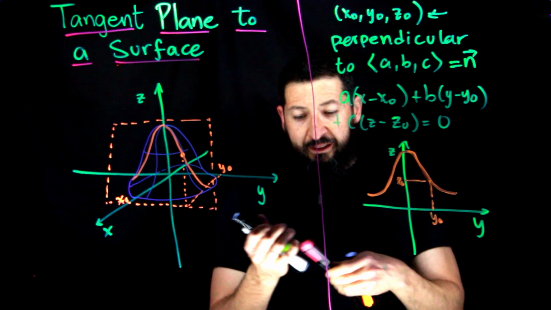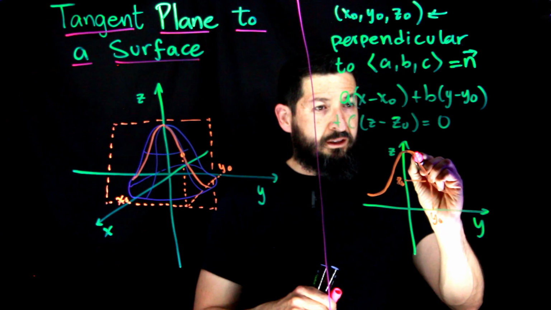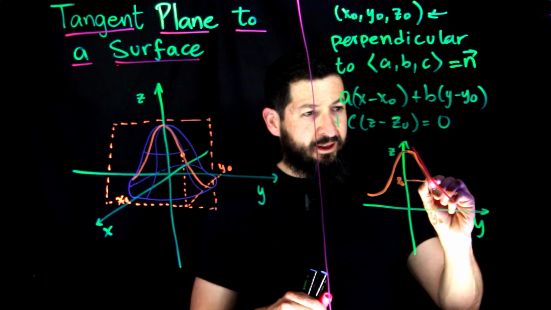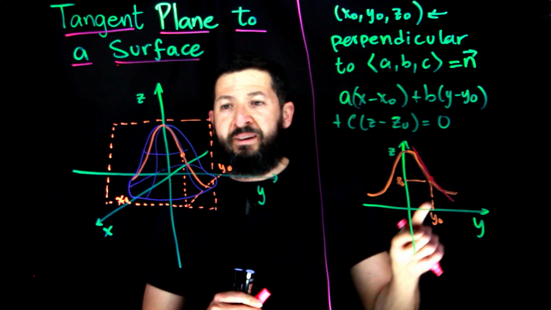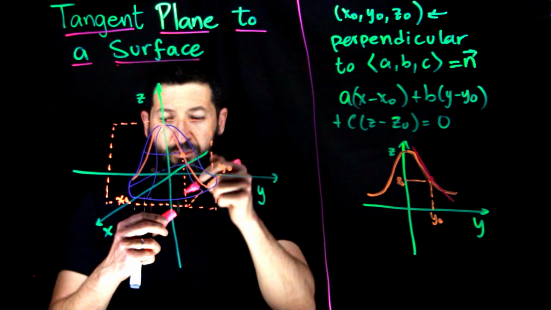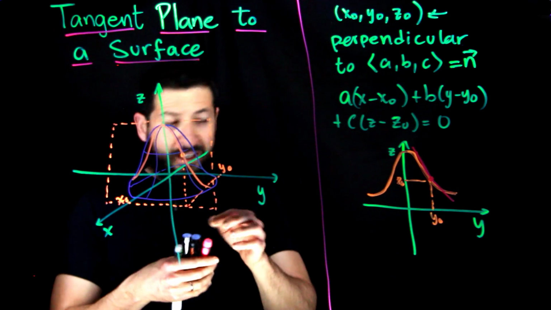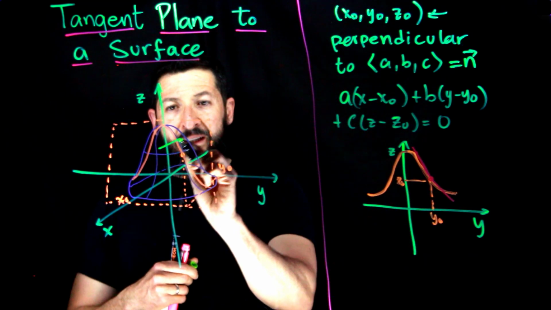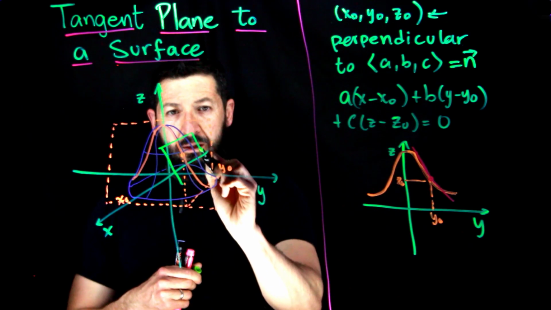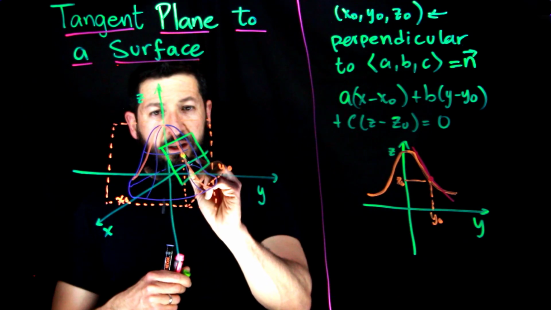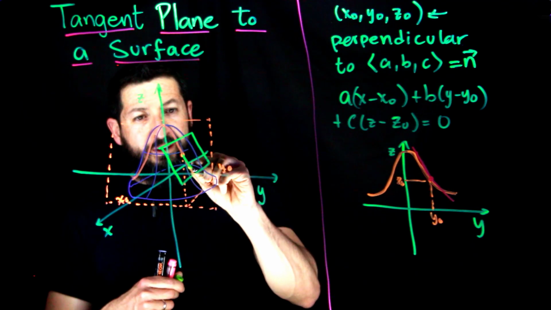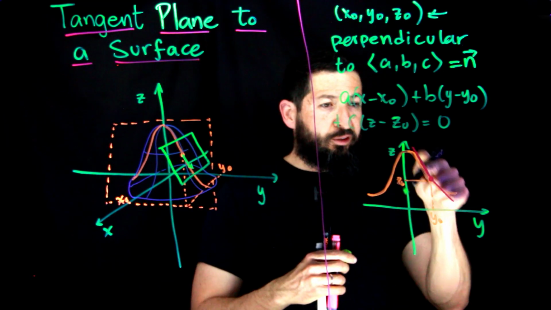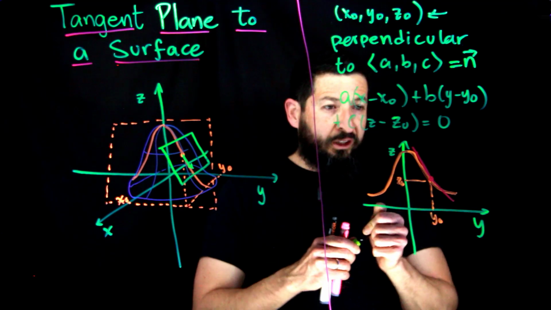If I calculate the equation of the tangent line to that curve at that point, then I can find a vector on the tangent plane that I'm trying to find, because the vector that is tangent to this curve is on this plane, since the whole plane is tangent to the surface. So I need to find this one.